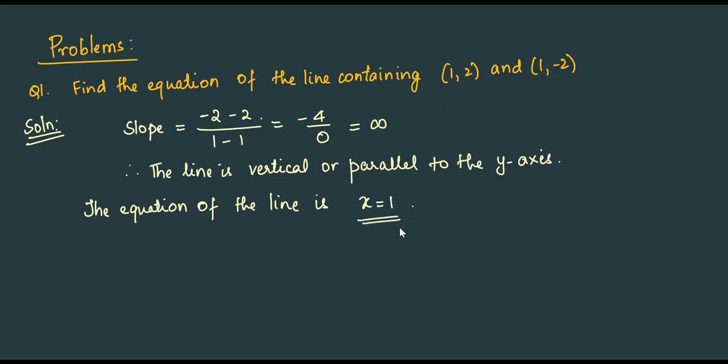So x equal to 1 will satisfy all points. It will be a vertical line. You can understand that. So the equation of the line will be x equal to 1.